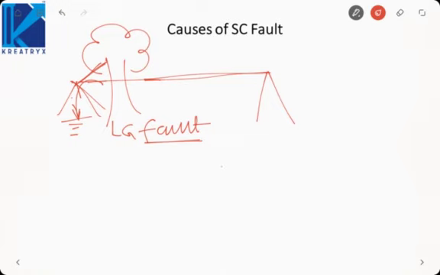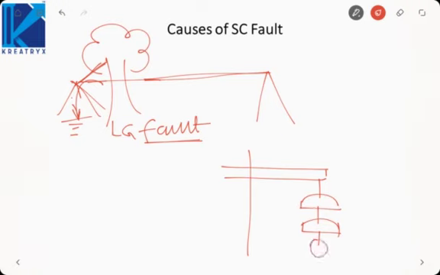Other than that, when we consider the tower, transmission lines are hung by means of insulators. Now suppose by some means, that may be due to lightning overvoltage, the transmission line voltage increases. Then what it can do is the air around the insulator may get ionized.